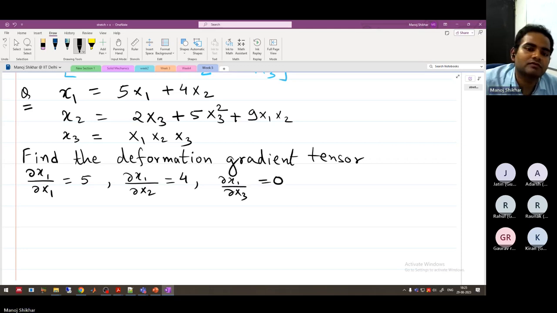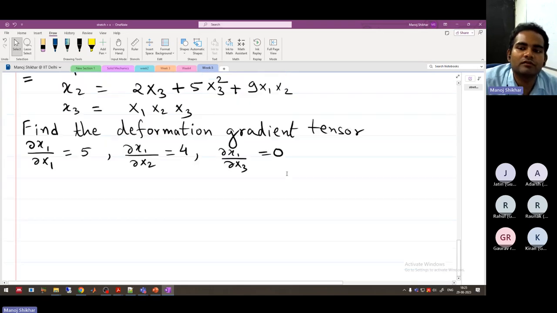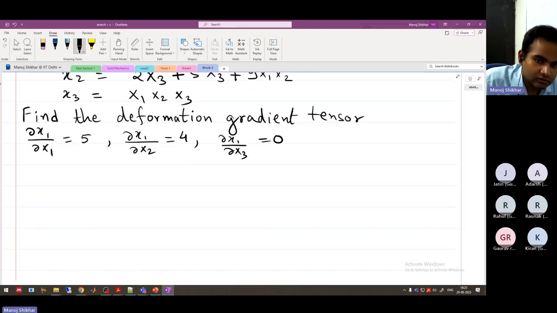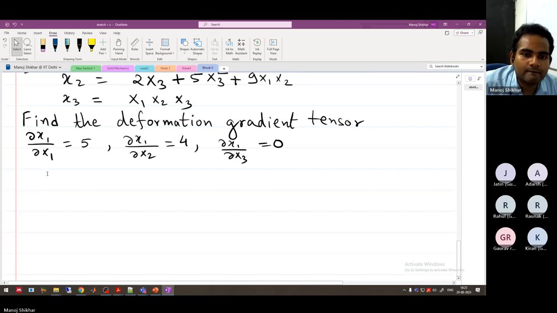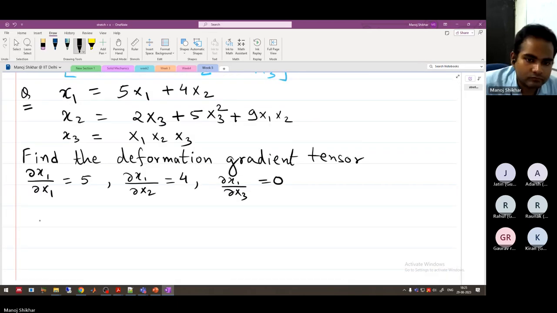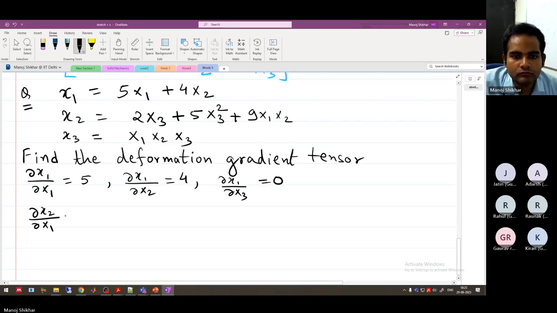It is 0. So we have found the first row of our deformation gradient tensor. Now the second row.